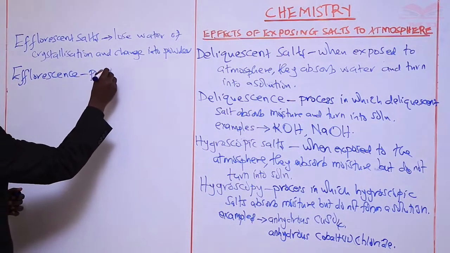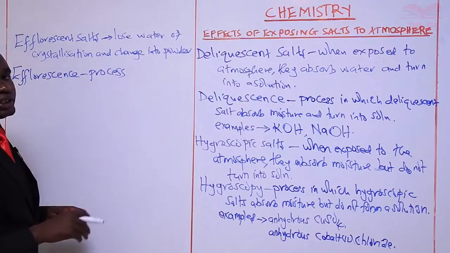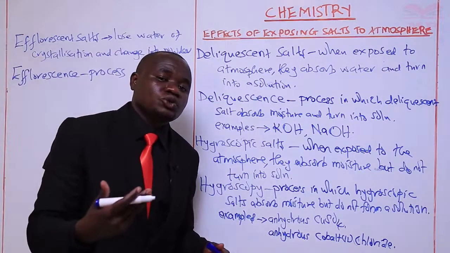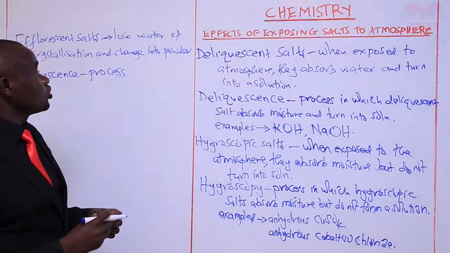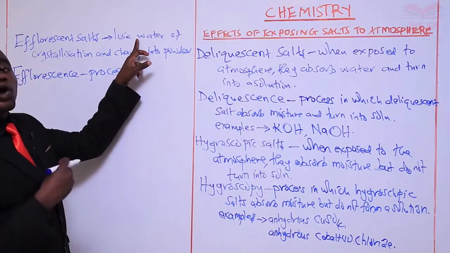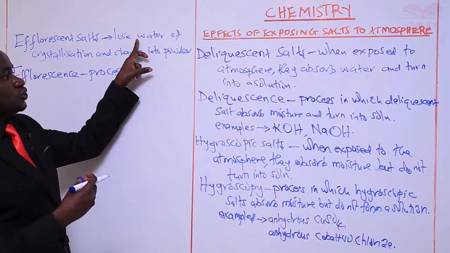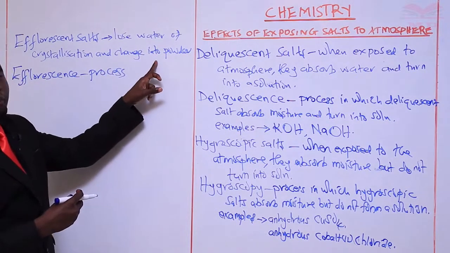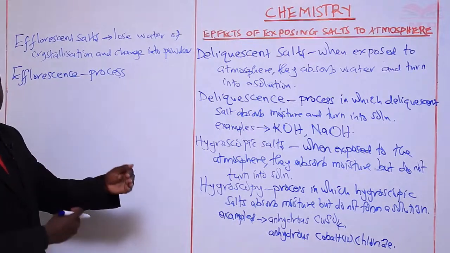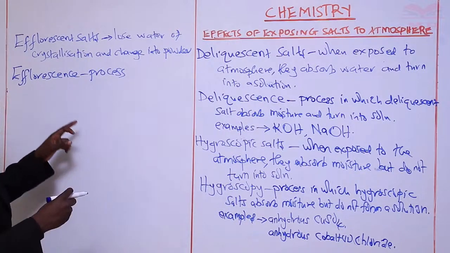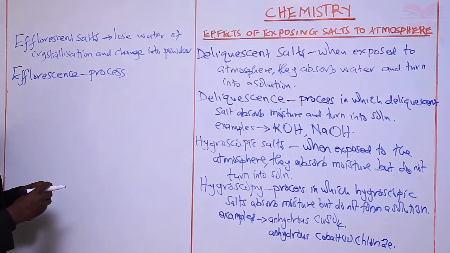So efflorescence is the process that is undergone by efflorescent salts. We have said efflorescent salts lose water of crystallization and turn into powder. So the process that they undergo is what we call efflorescence.